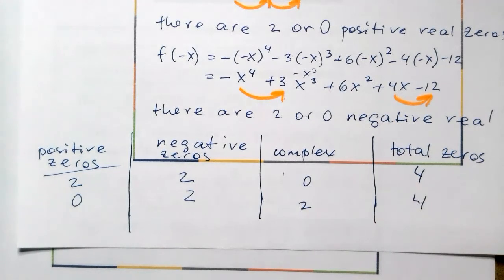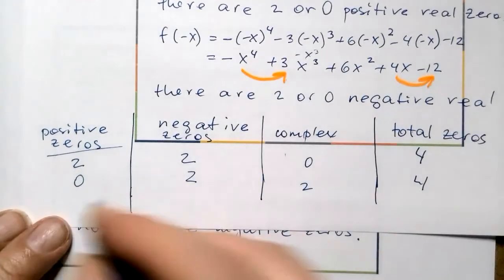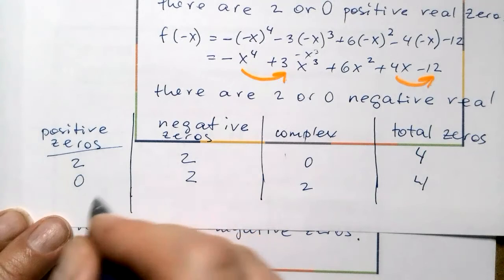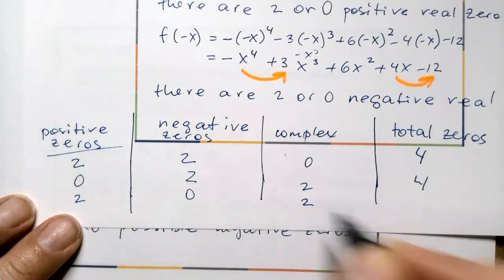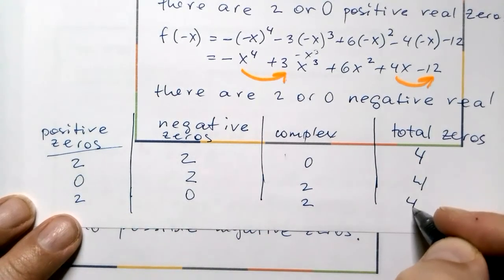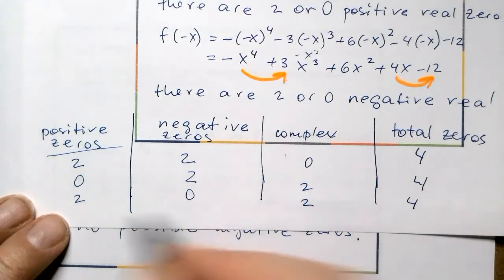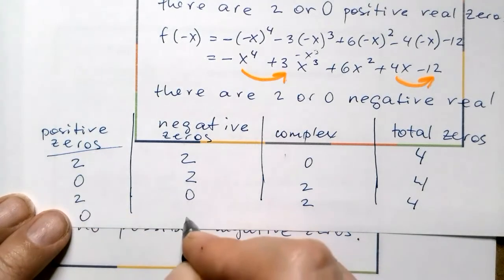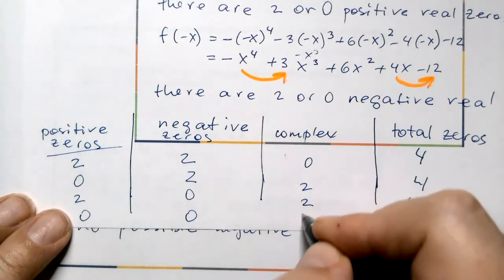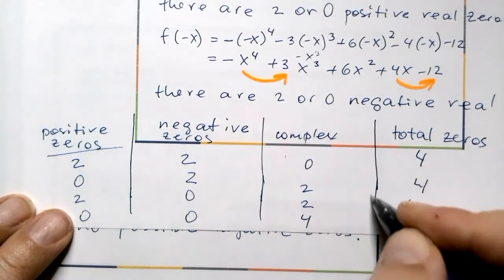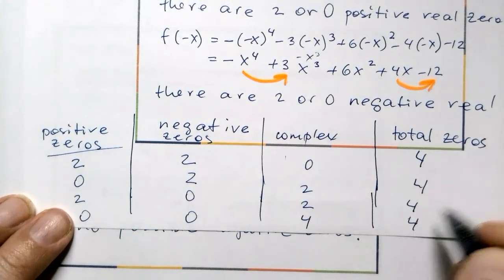So for the first scenario, we had 0 complex. What are the other scenarios? We could have 2 positive, 0 negative, and 2 complex, and the total is 4. How about 0 positive, 0 negative? That leaves us with 4 complex. That's also a possibility.